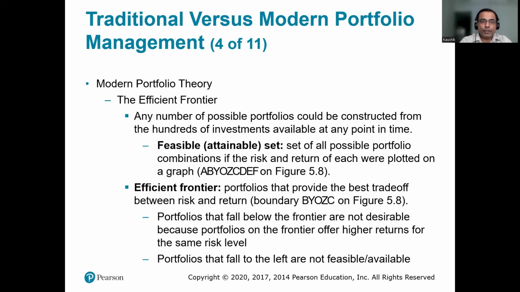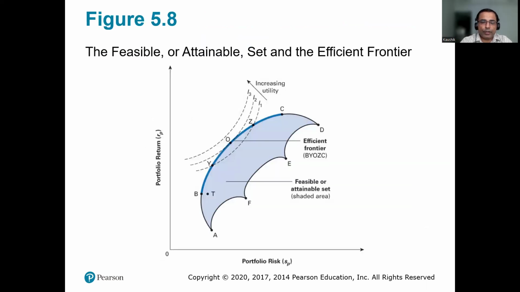So when we plot the maximum risk return trade-off for each portfolio, we get the efficient frontier. The efficient frontier here is BYOZC, the curved line in bold. So we are plotting the portfolio return versus portfolio risk.